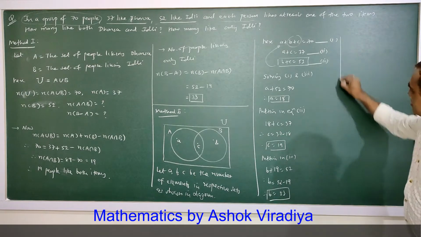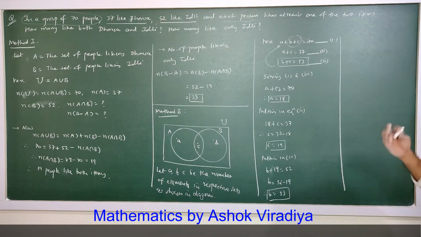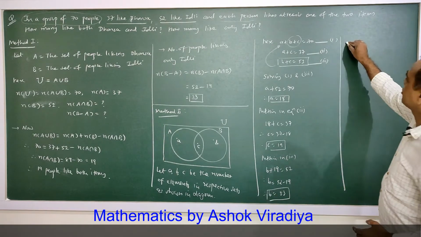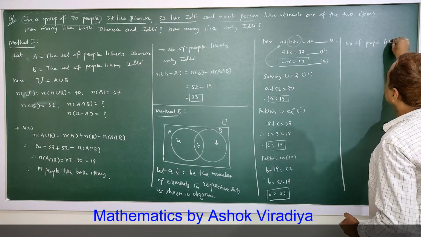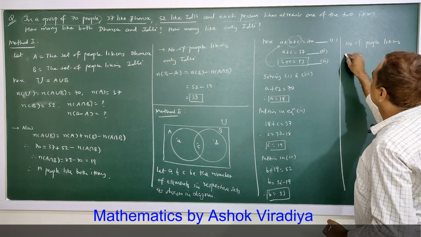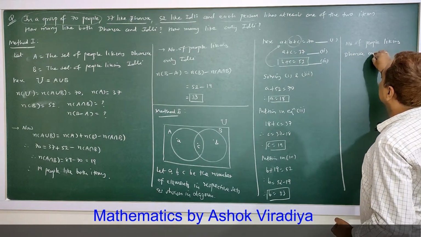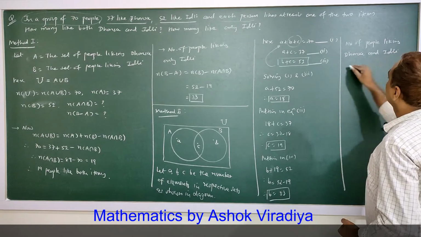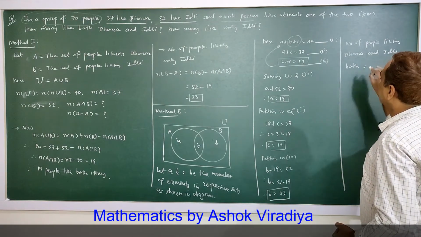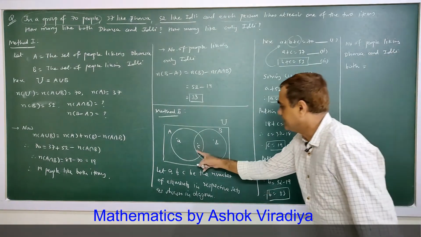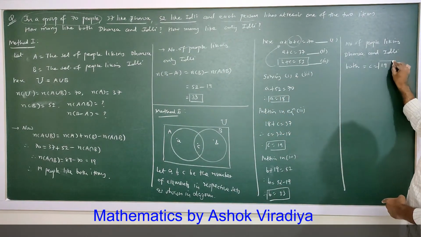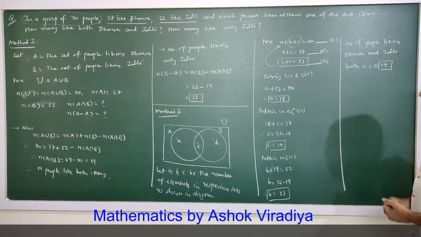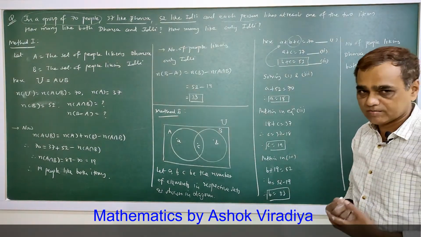So now the answers to the questions. How many like both dosa and idli? The number of people liking both dosa and idli is the value of C, and C is 19. So 19 people like both.